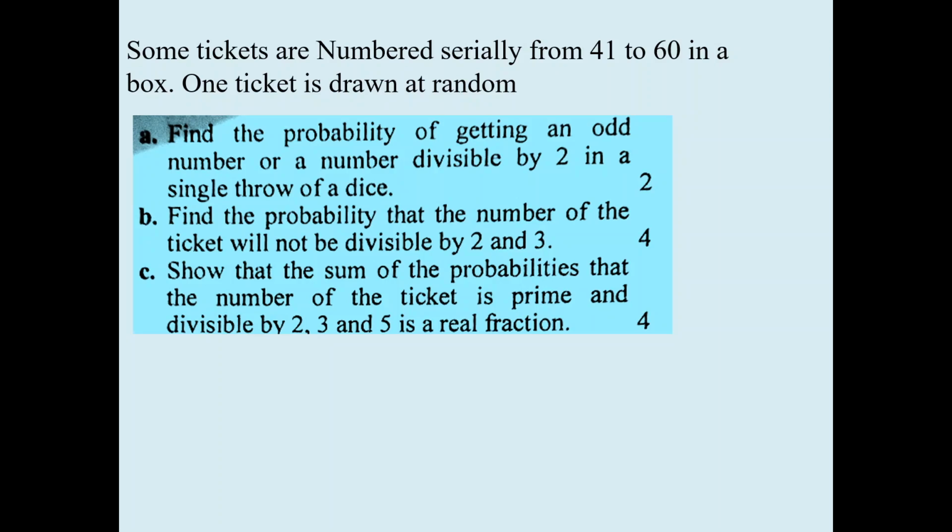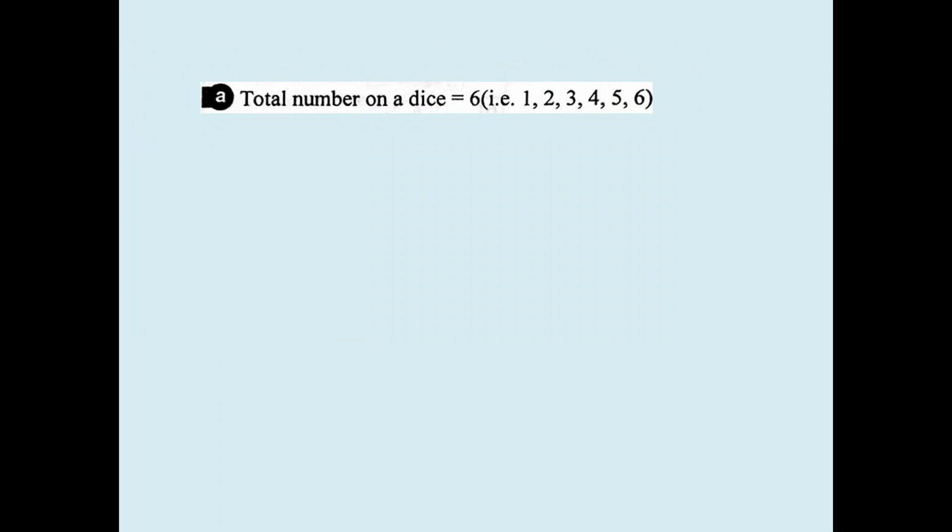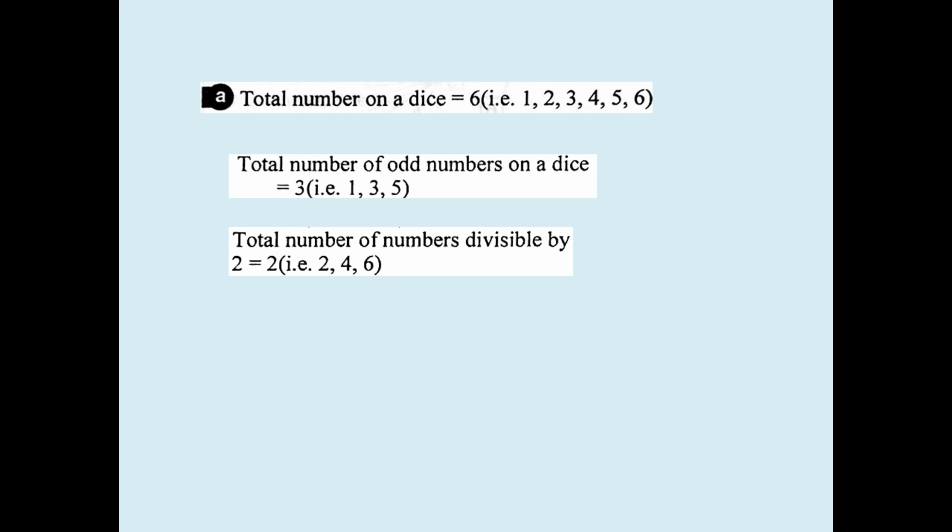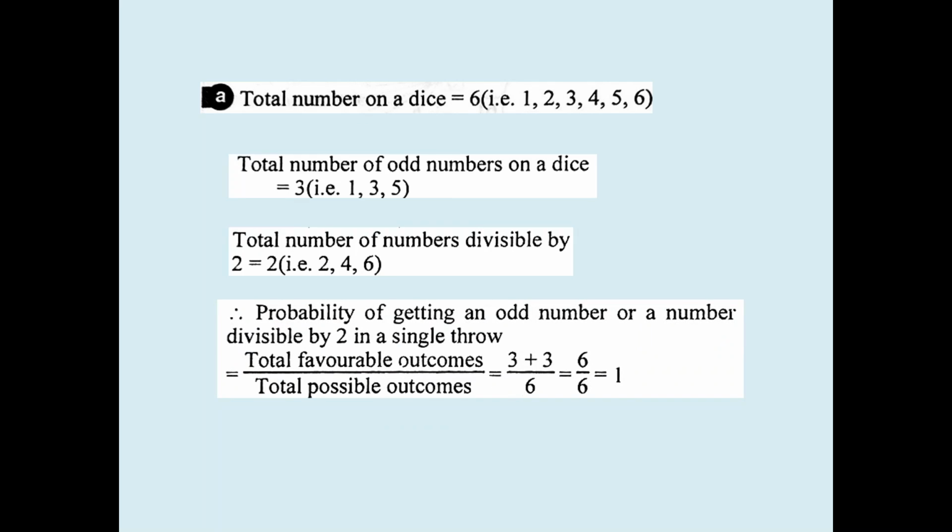Now answer. Answer of A. Here the total number on a dice equals 6. That is 1, 2, 3, 4, 5, 6. Total number of odd numbers on a dice equals 3. That is 1, 3 and 5. Total number of numbers divisible by 2 equals 3.